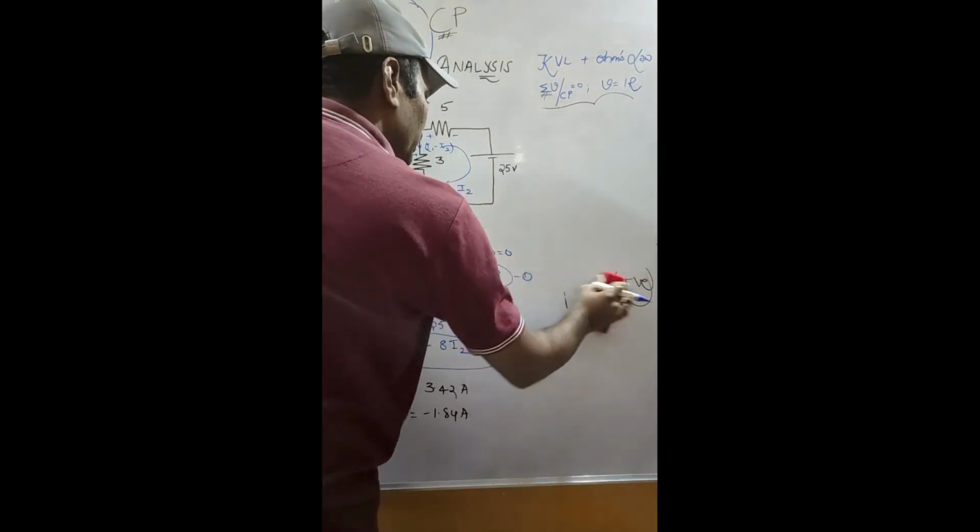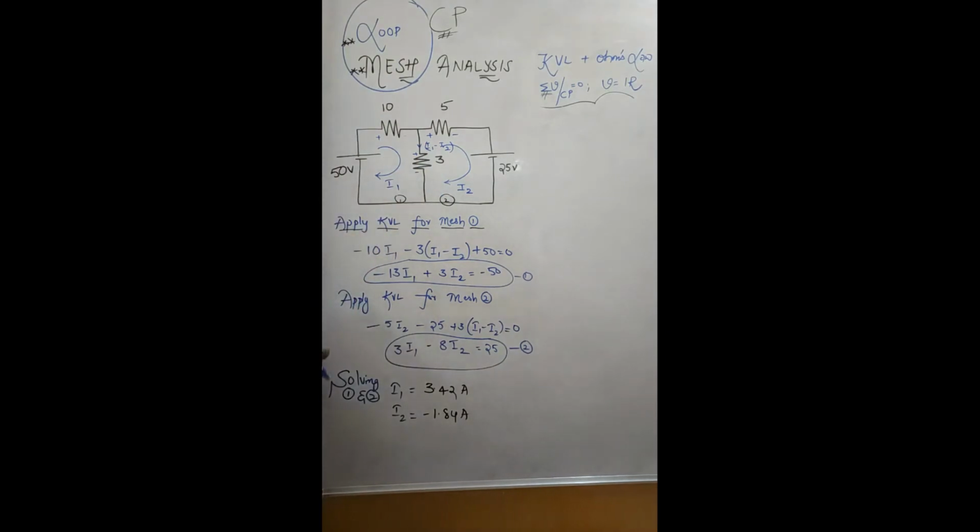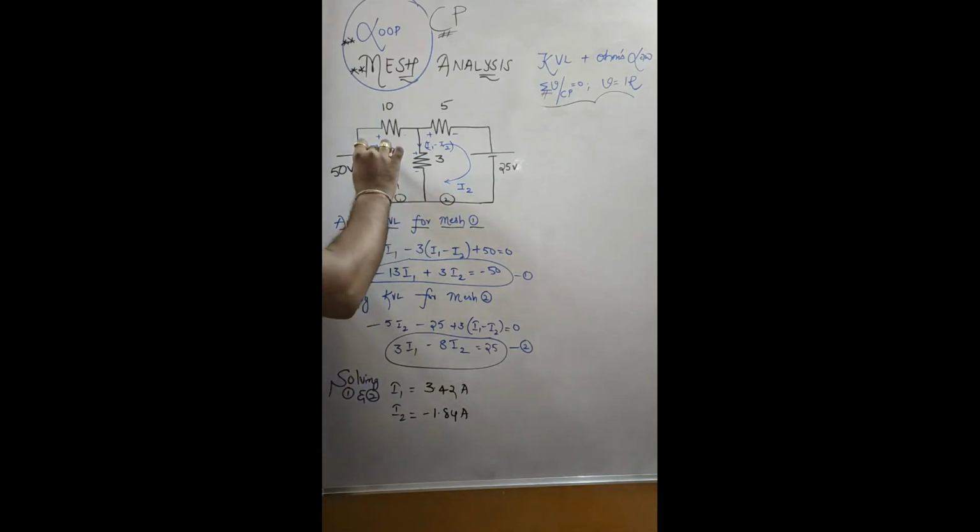And I would like to apply mesh analysis for these two meshes. This one is the first mesh and this one is the second mesh. The first step is to identify the number of meshes, these two, and those will be designated as two currents, I1 and I2. That's the second step. What's our third step? Apply KVL for mesh 1.